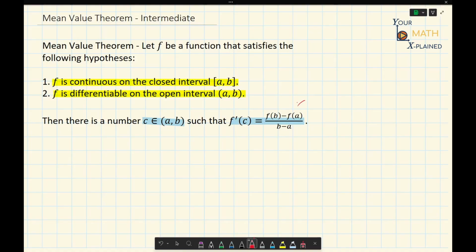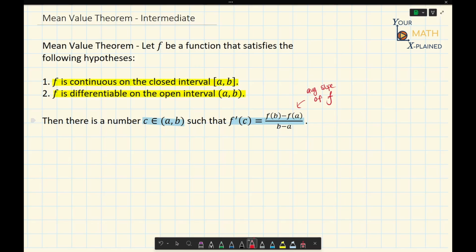So notice that the right side is the average slope of the function f. What we're saying is that there has to be a c in between a and b where the slope at that point is equal to the average slope of the function.